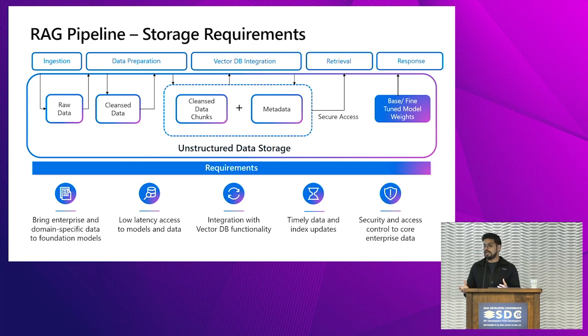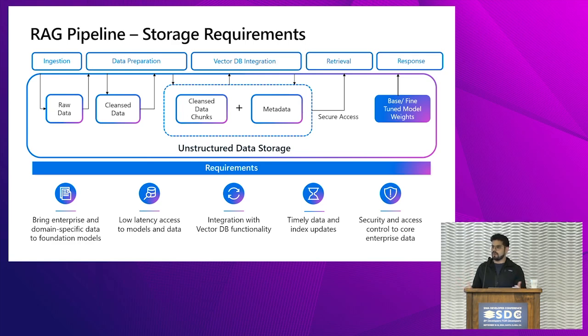Of course, you need integration with vector DB functionality, because at the end of the day, these chunks and the embeddings that we talked about are very closely related. And so if you're not talking to the vector DB, you'll not be able to figure out which chunk you should be retrieving based on the embedding that is relevant to the query. The fourth thing here is one of the most important things for enterprises. This is something which everybody worries about.